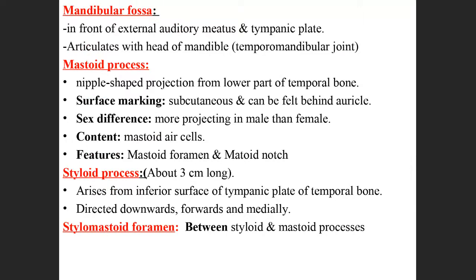Next, what is the mandibular fossa? In the first lecture, some people were confused. So where does the mandibular fossa lie? It lies in front of the external auditory meatus and tympanic plate. So this is an area for articulation, or the joint.